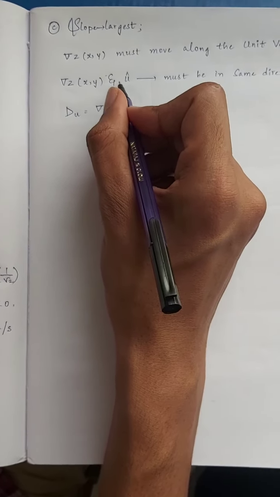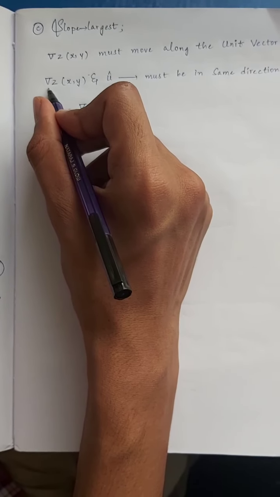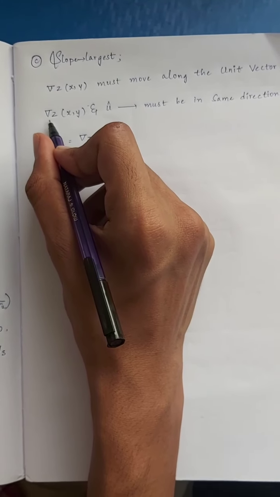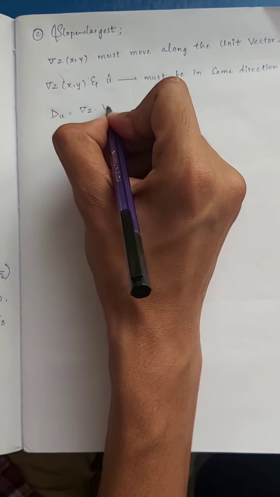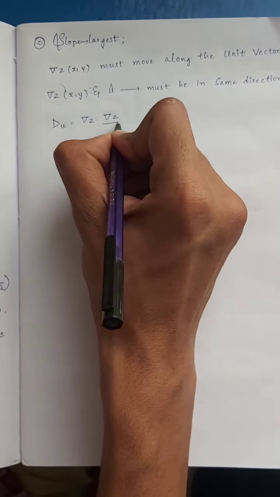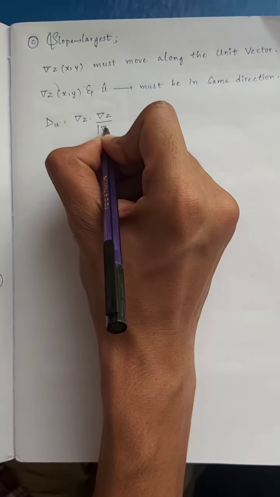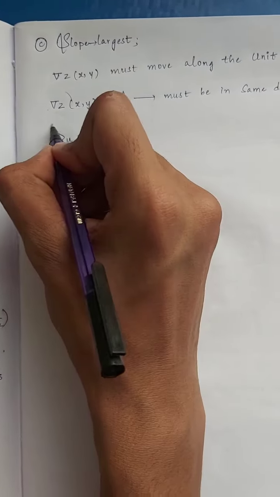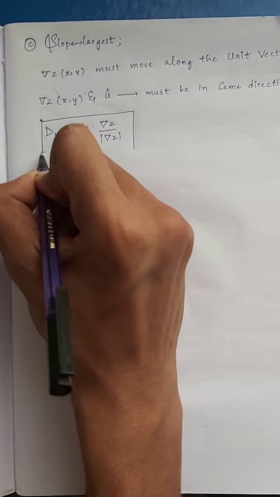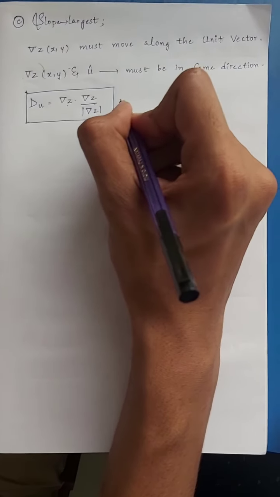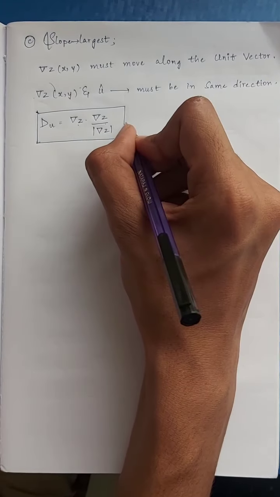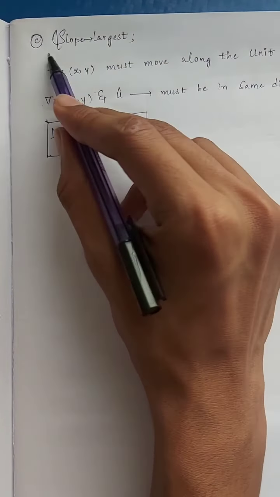The unit vector is along the gradient vector, so it would be delta z by magnitude of delta z. Since we know that the directional derivative is the dot product between the gradient vector and its unit vector, when we evaluate this result, we would be getting the slope as the largest.